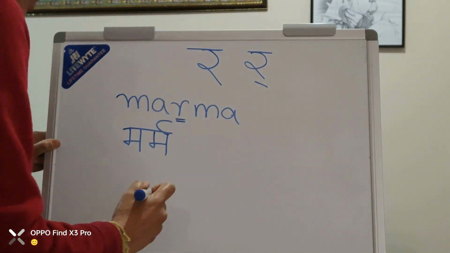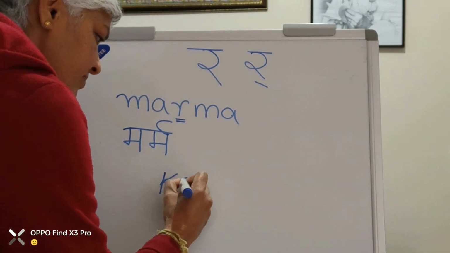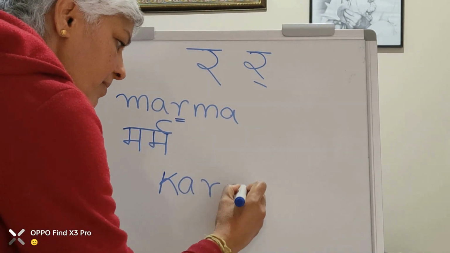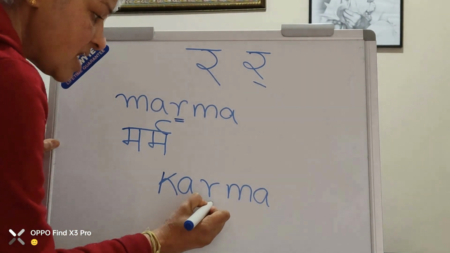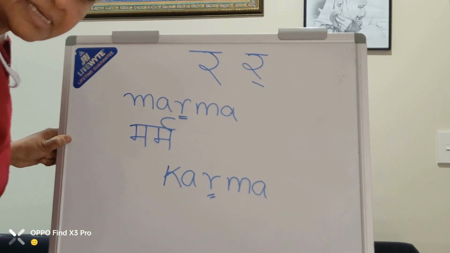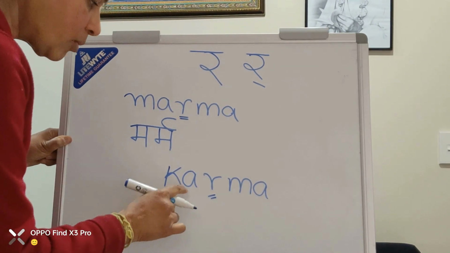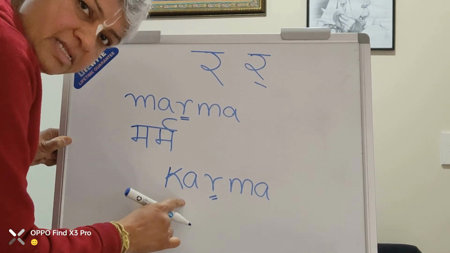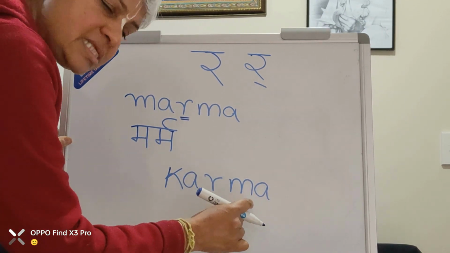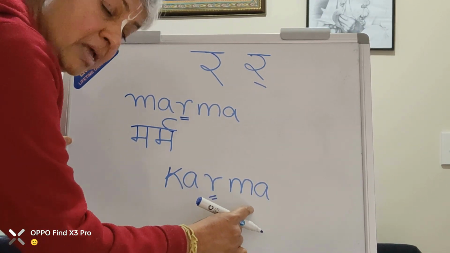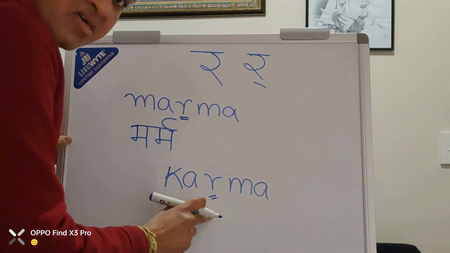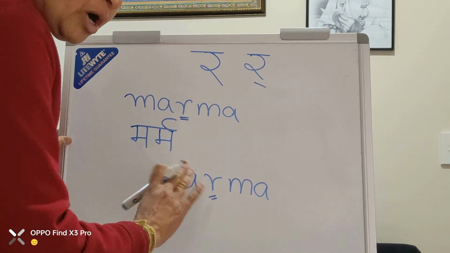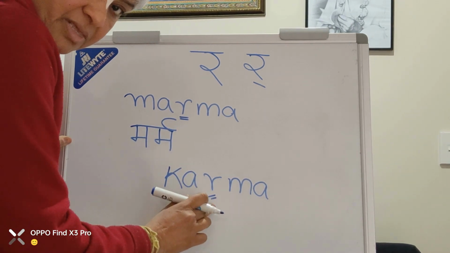Let's take karma for instance. Karma. What are we going to do? We're going to identify the sound first. And then we're going to look at what is the consonant in front and what is the consonant at the back. Notice that no word will start with the half R. Okay?